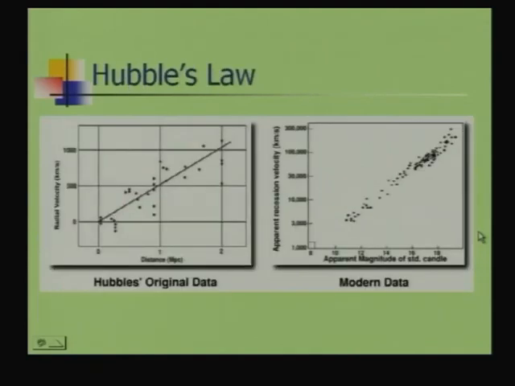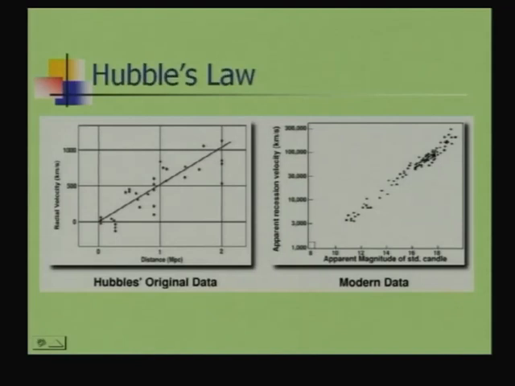Now, Edwin Hubble, an astronomer in the early 20th century, made this remarkable discovery that the galaxies on the average are moving away from us. Not only are they moving away from us, they are moving away from us with a speed which is proportional to the distance. This picture shows you a Hubble diagram.